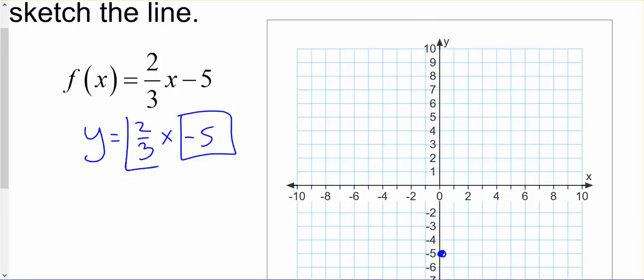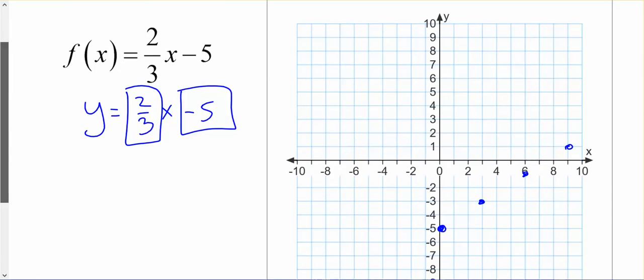And now our slope is 2 thirds. That means up 2 and right 3. We could go down 2 and left 3. And we've got our line.